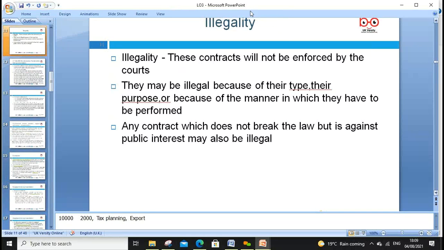No. Okay. Illegality. These contracts will not be enforced by the courts. They may be illegal because of their type, their purpose, or because of the manner in which they have to be performed. Any contract which does not break the law but is against the public interest may be illegal. Nothing may be written in the law, but it is a harm to society.